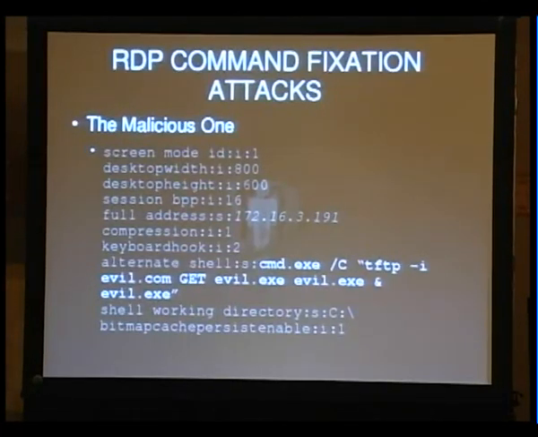There are several reasons why you might want to perform command injection by sharing a malicious connectivity file. First of all, a lot of these files are text-based, and their extensions are not being filtered by mail gateways. So it's much more likely that a file with an RDP extension will go through a mail filter as opposed to a file with .exe or .BAT extension.